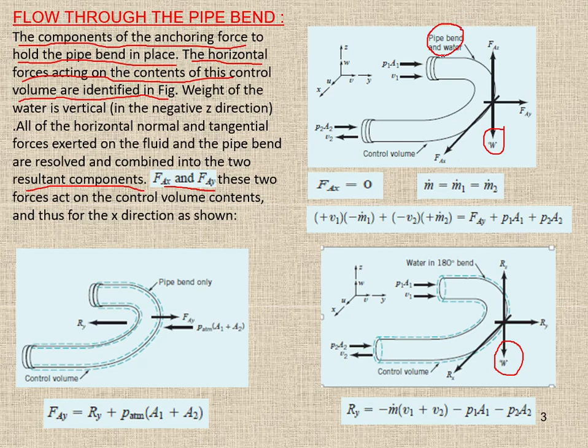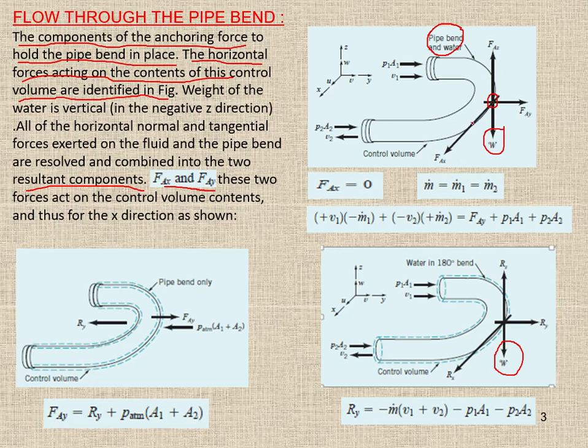Here we are considering the pipe bend and the water together. What happens when the fluid flows through the pipe? Definitely, because of the change in direction, the velocity changes. The direction is changing, which means the velocity is changing. Because of that, the fluid exerts a strong force at this point, on the surface of this point. We are considering the maximum force acting at this particular point.